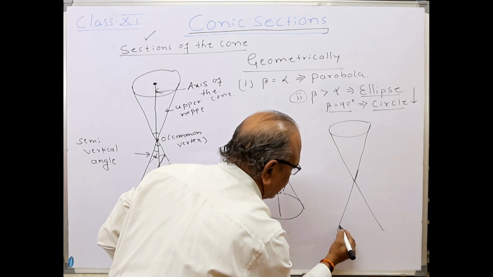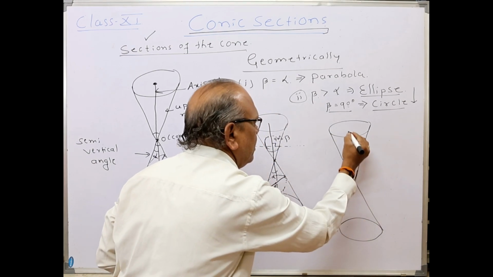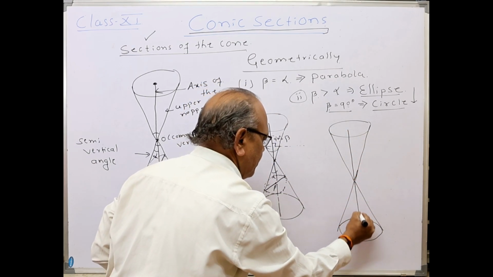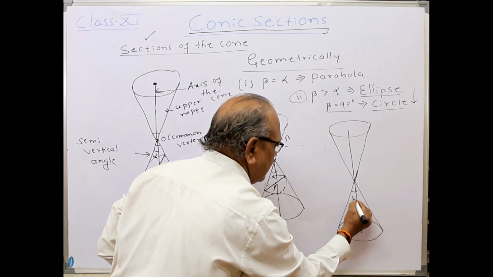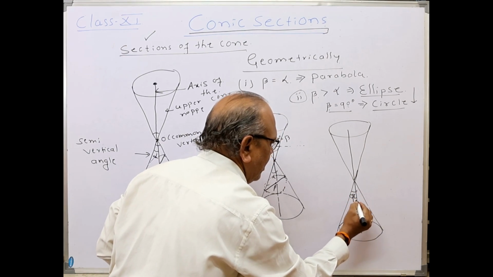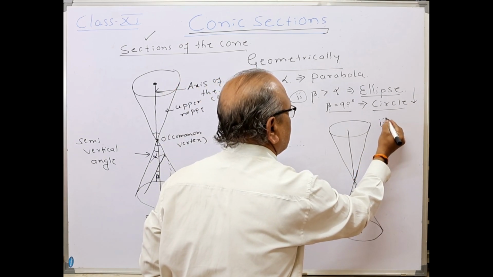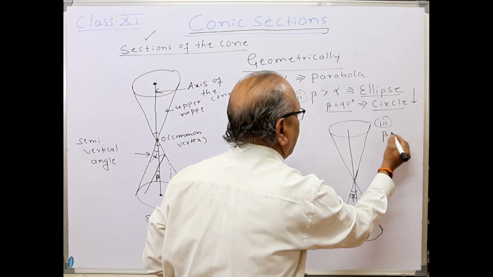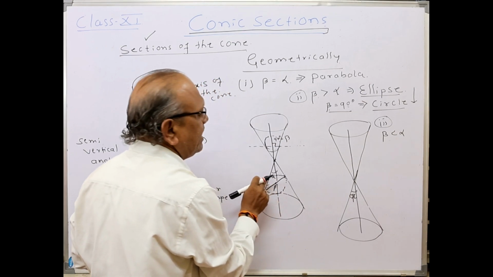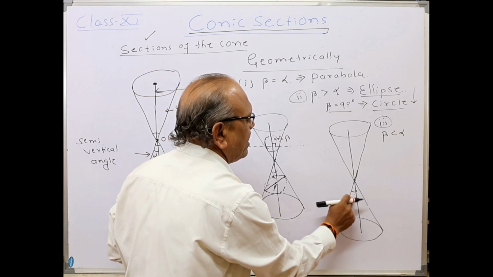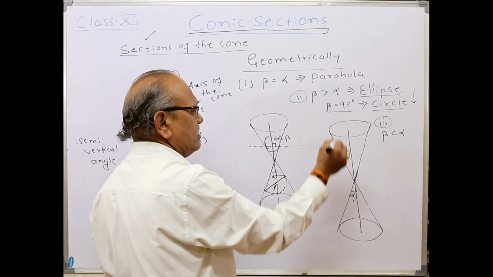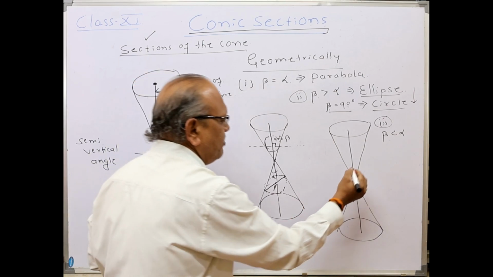I will slice this time again at an angle beta with respect to the semi-vertical angle, this is alpha. Third case, at an angle beta less than alpha. Suppose alpha is 30 degrees, and beta is less than alpha, say 20 degrees.